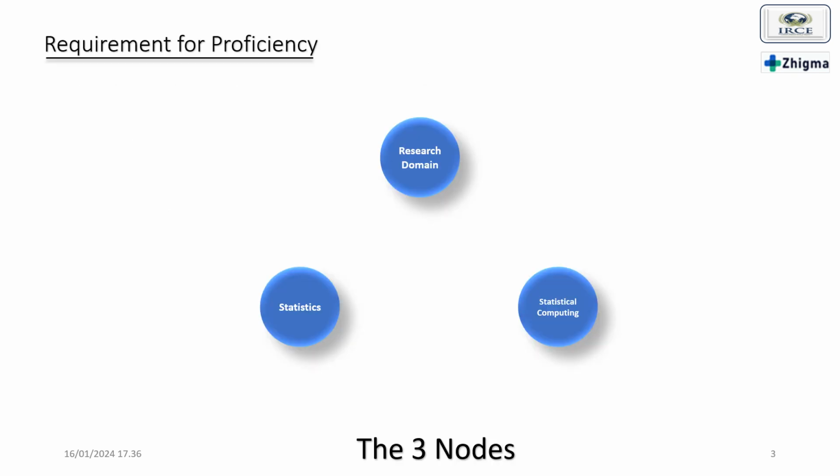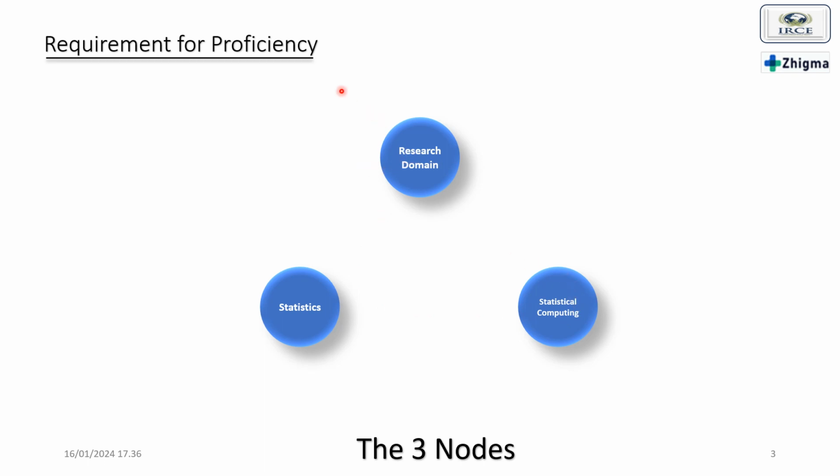Before we go into really understanding what R is all about, it's important that we take note of these three different nodes: the research node domain, statistics, and statistical computing. They are all interrelated.